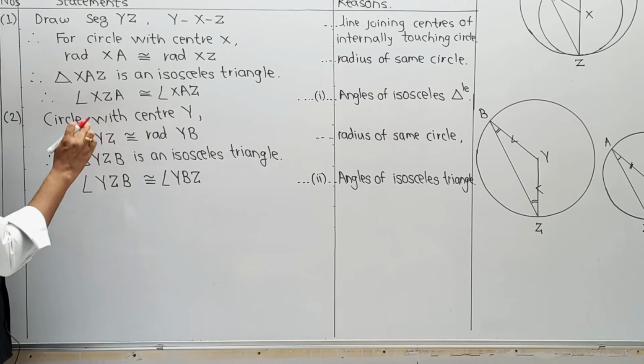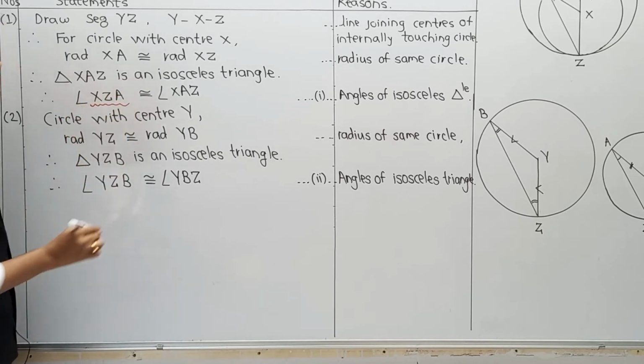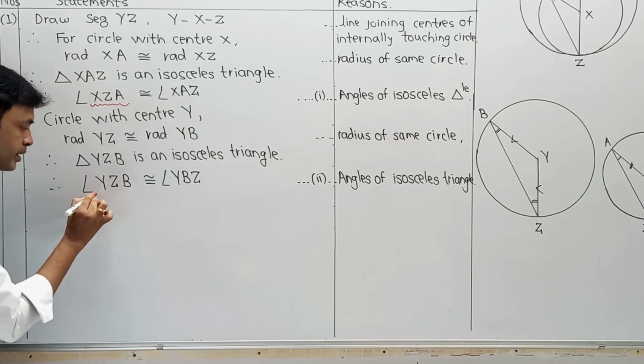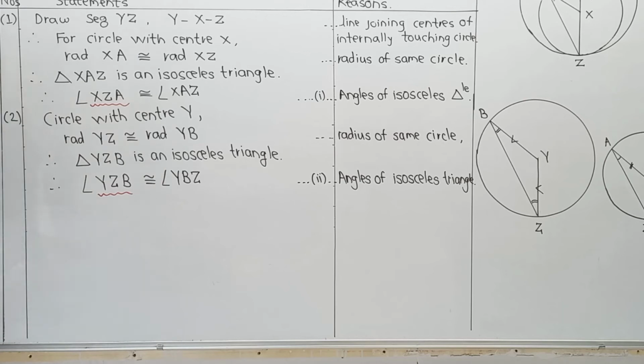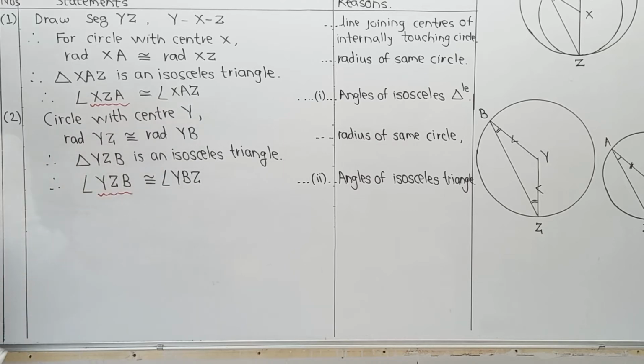Here we have written the name of angle XZA, and in the second we have written the name of angle YZB. Over here, angle XZA and angle YZB are the same angle. If these two are equal, naturally we can show these two angles are equal, and we are using that logic over here. So please try to understand.